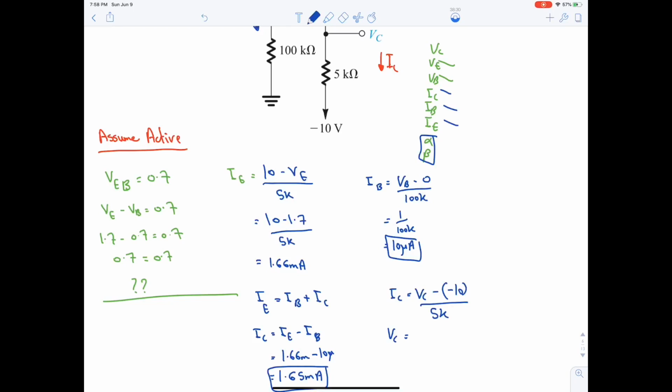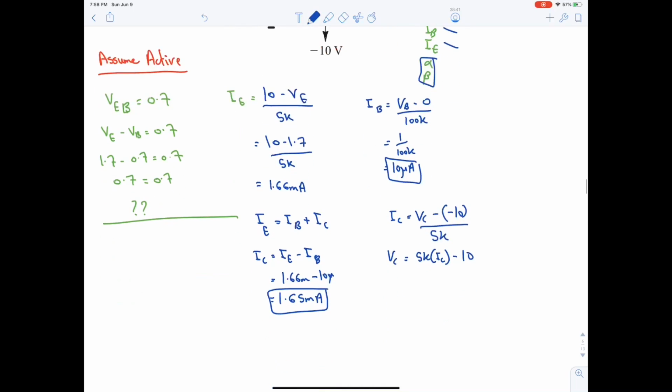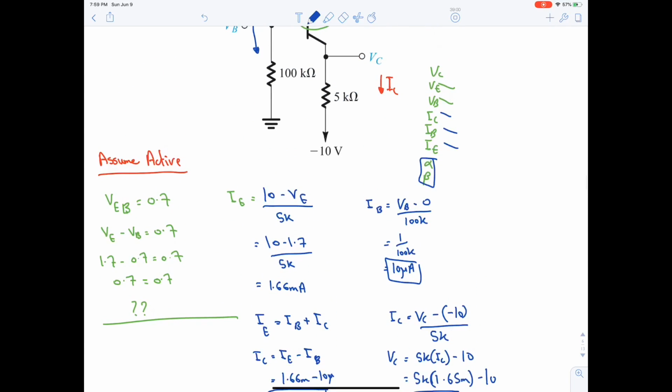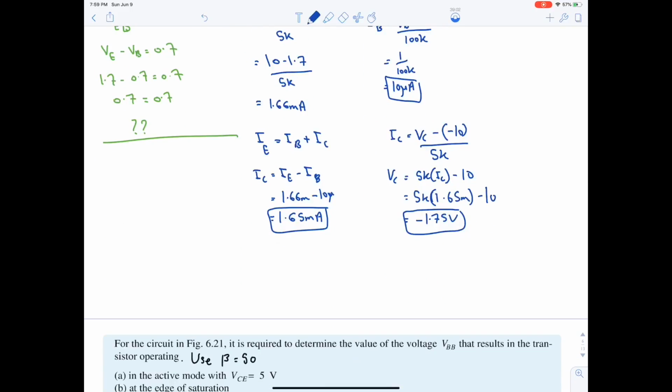VC is equal to 5K multiplied by IC, minus 10. 1.65 milli times 5K minus 10 will give us minus 1.75 volt. Having negatives on voltages is fine. We found VC. What's left is alpha and beta.